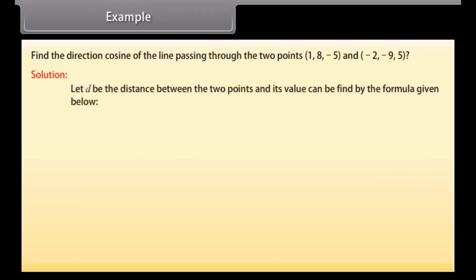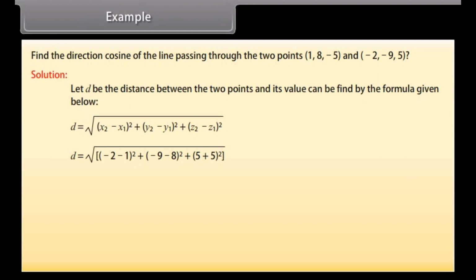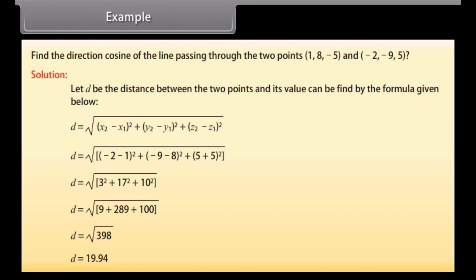Let d be the distance between the 2 points and its value can be found by the formula given below. d equals the square root of x2 minus x1 square plus y2 minus y1 square plus z2 minus z1 square. d equals square root of minus 2 minus 1 square plus minus 9 minus 8 square plus 5 square. d equals square root of 3 square plus 17 square plus 10 square. d equals square root of 9 plus 289 plus 100. d equals square root of 398. d equals 19.94.